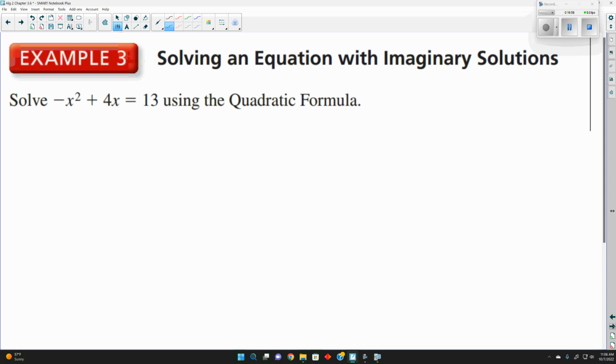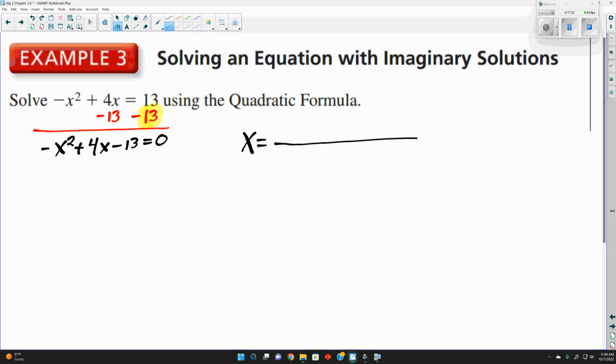Last type we'll look at is this here. And if we subtract 13 from both sides, we get negative x squared plus 4x minus 13 is equal to 0. So the quadratic formula is negative b plus or minus the square root of b squared minus 4ac, all over 2a.